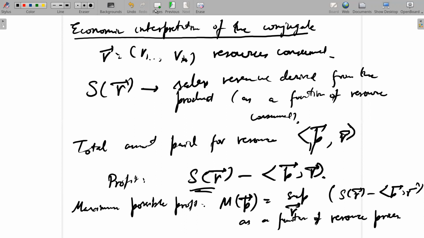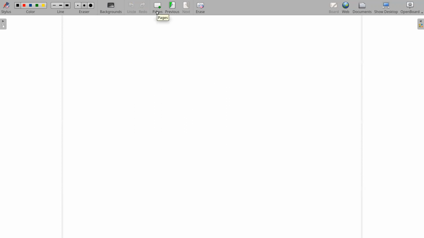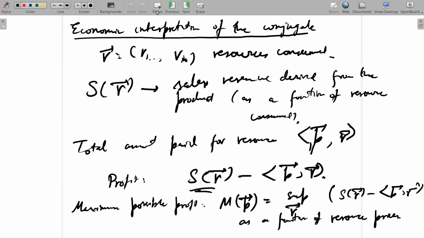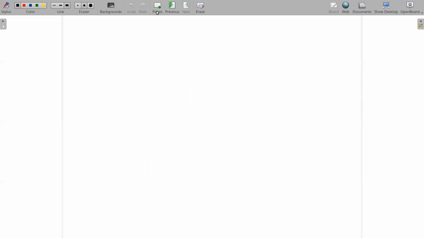Essentially you're comparing where to buy your resources so that you maximize your profit. There are different vendors selling the same resources at different prices, maybe a bit more for R1 versus R2 and so on, and you want to figure out which vendor to purchase from. It turns out M(P) is precisely minus S star of minus P. So maximum profit is related to the conjugate of gross sales.